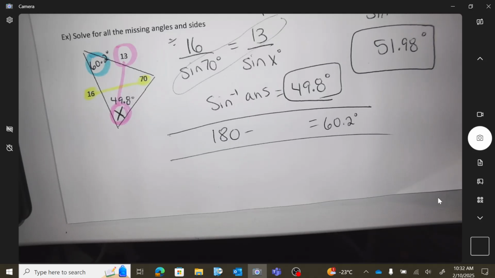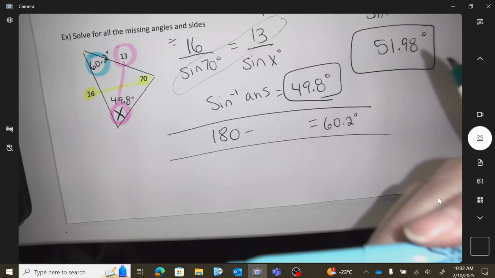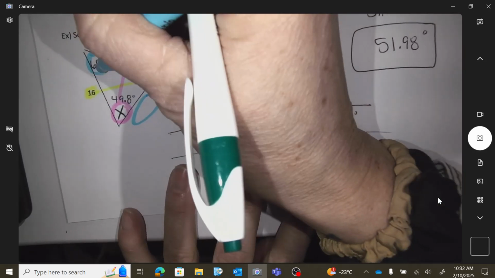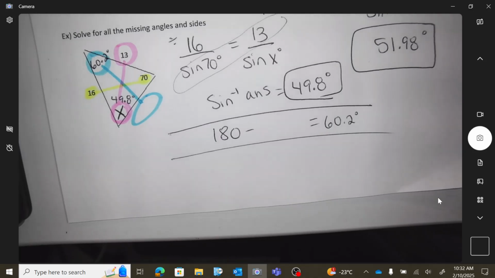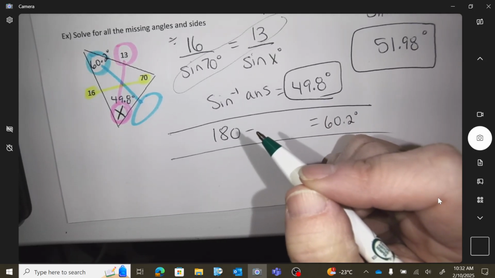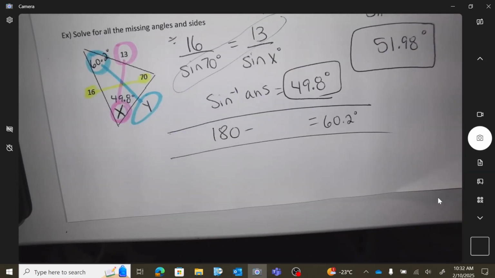Okay, so my last missing piece is I want to know this side of the triangle now. Okay, do you see my color code here? There's its partner. I'm going to give it a letter. I can't use X, so can we just pick a different letter? Y. Sure.